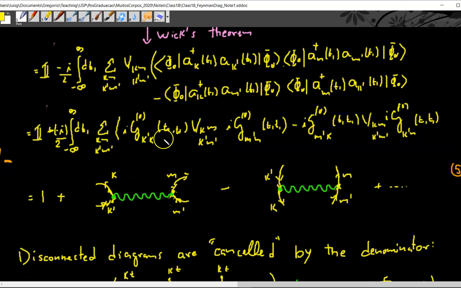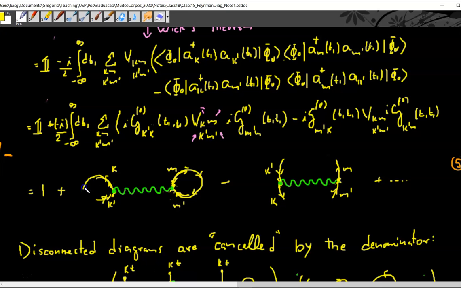And what do I get? Well, here I have a propagator going from K to K prime. Lines entering the interaction, K prime and M prime, lines leaving, it's M and K. So M prime, M, and I have a propagator from M to M prime, so this will give me this curve, this loop here, okay? Propagator from M to M prime. Now I have a propagator from K to K prime.